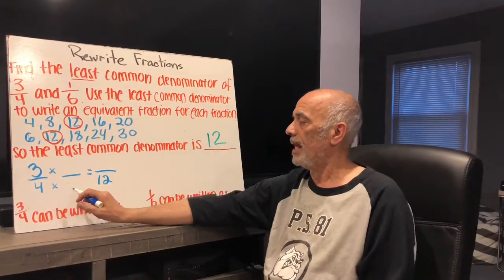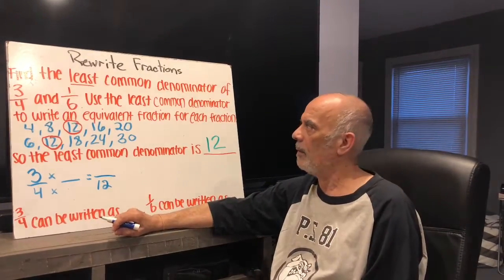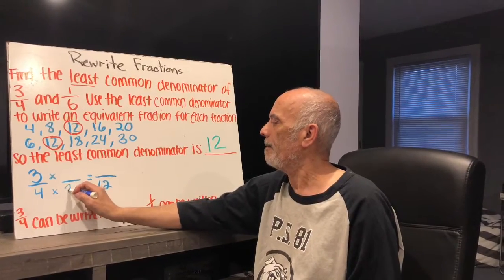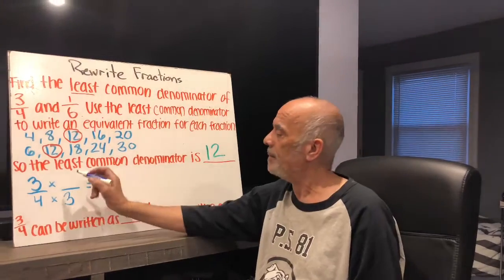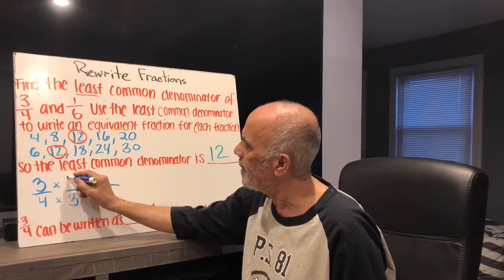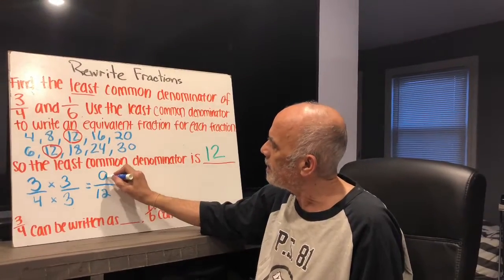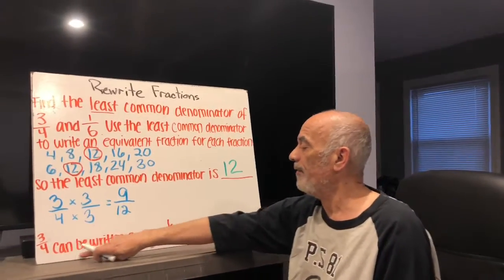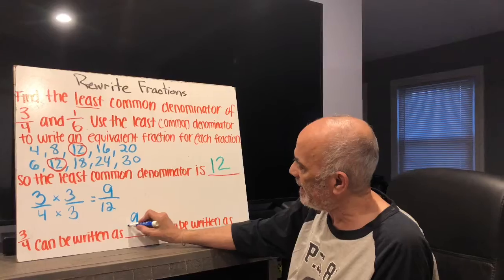So what number times 4 is going to give you 12? 1, 2, 3. 3. 3 times 4 is 12. You do it to the bottom, you got to do it to the top. 3 times 3 is 9. So 3/4 can be written as 9/12.